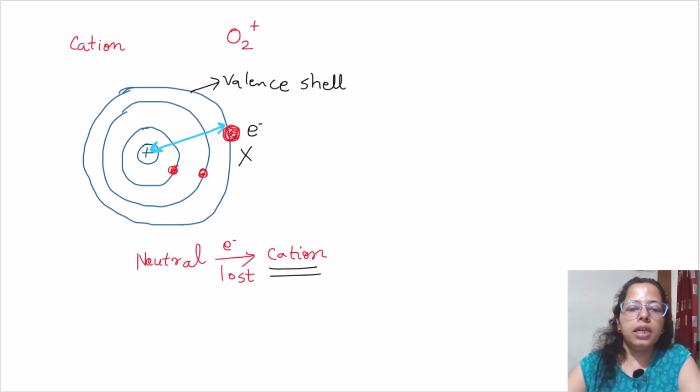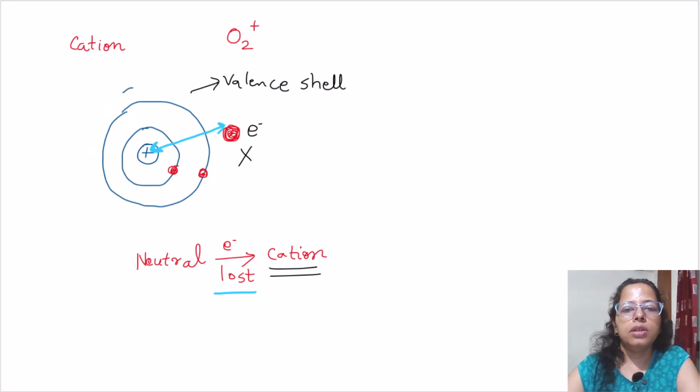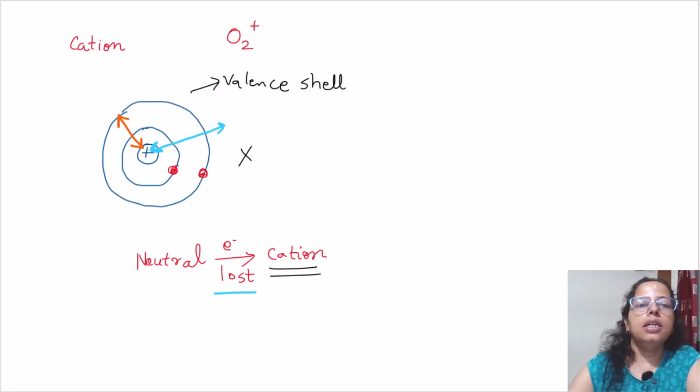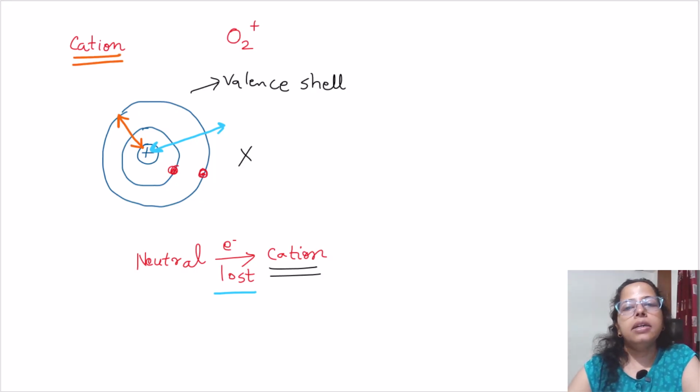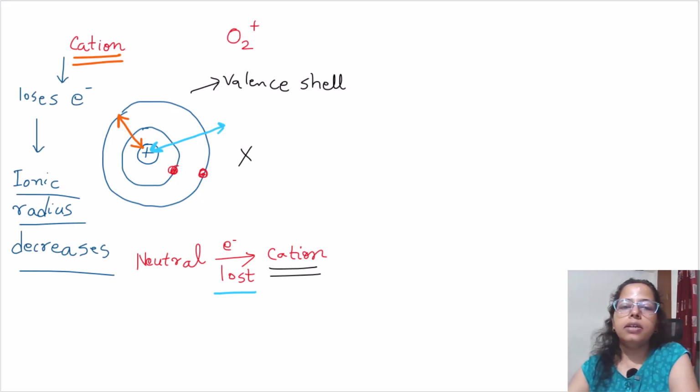And when the electron is lost, what happens? You can see here that the ionic radius shrinks to this much size. That means in case of a cation, the ionic radius decreases. And why does this ionic radius decrease? First of all, the shell with that outermost electron is gone.